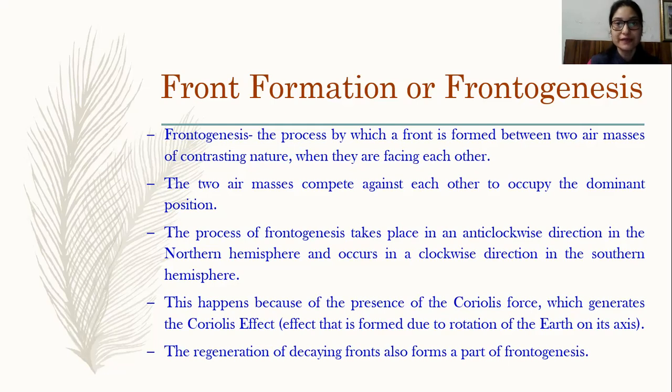So we all know that there is the equator, that is the latitude which divides the earth into two equal halves. The upper half is known as the northern hemisphere, the bottom half is known as the southern hemisphere. So what happens is that the earth is continuously rotating on its axis.